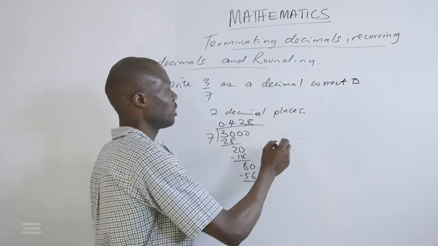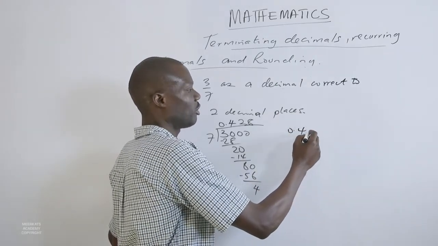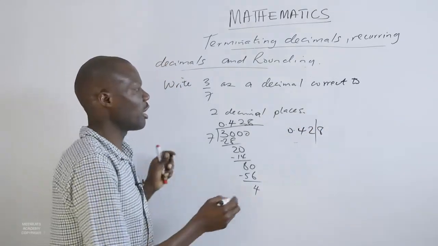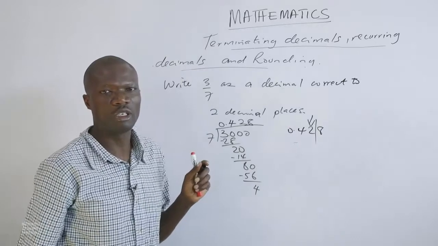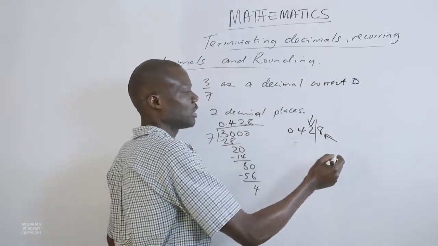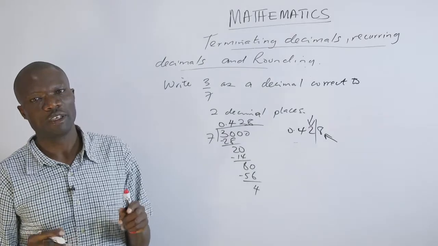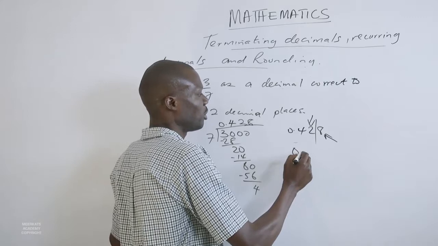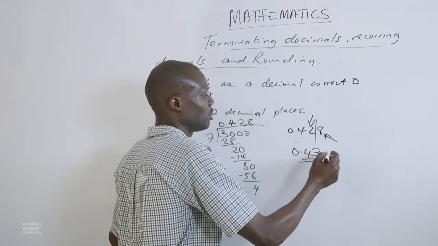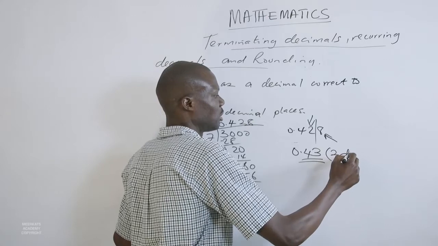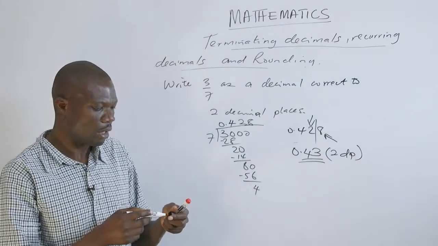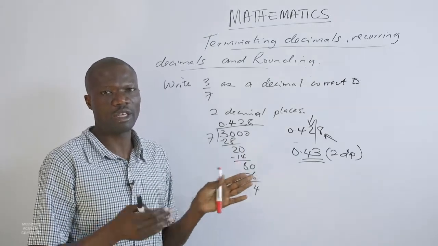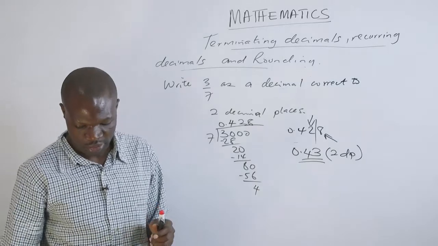So what we have is 0.428, and from 4 to 8, we have our rounding digit as 2 and our critical digit as 8. 8 is greater than 5, therefore the rounding digit is increased by 1. So this one becomes 0.43, correct to 2 decimal places. So there was no need to go on, and yet you've reached where you can find the critical digit and the rounding digit.